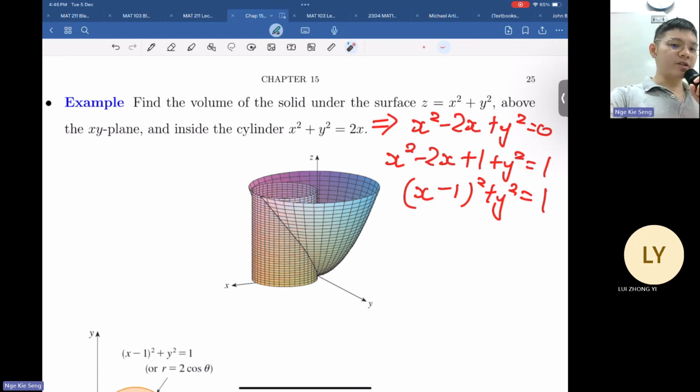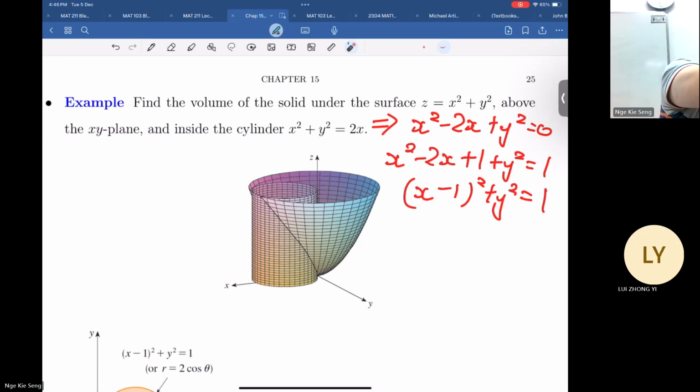So you should imagine you have the surface, something like this, and then you have a cylinder covering it. Then you want to find the volume bounded under the surface, inside the cylinder, and above the xy plane.